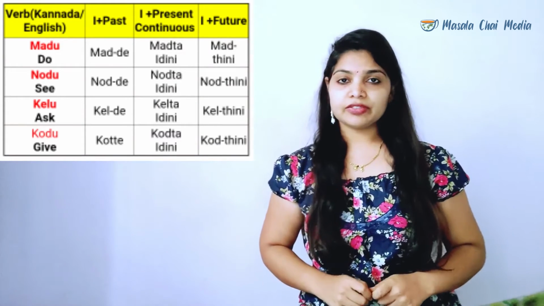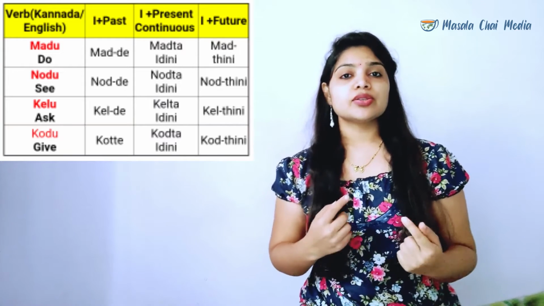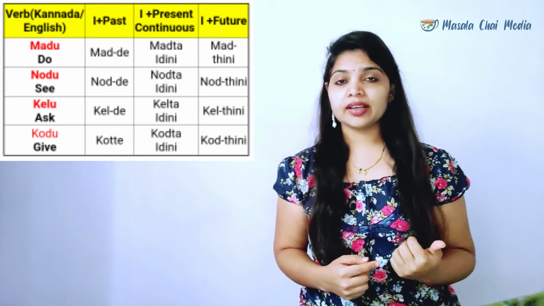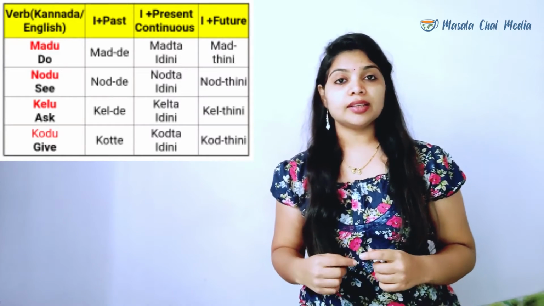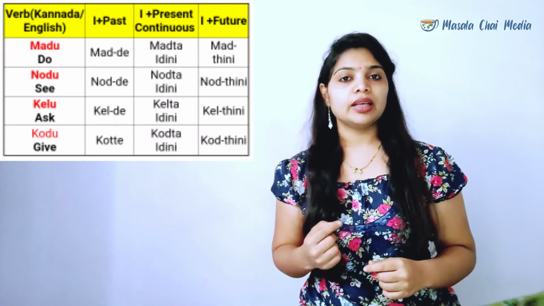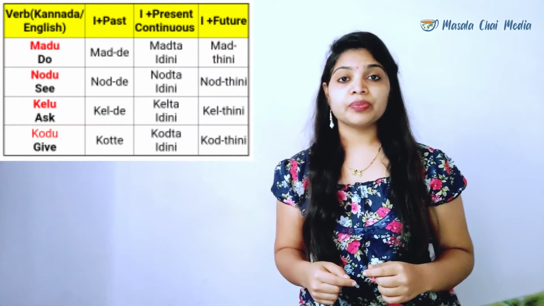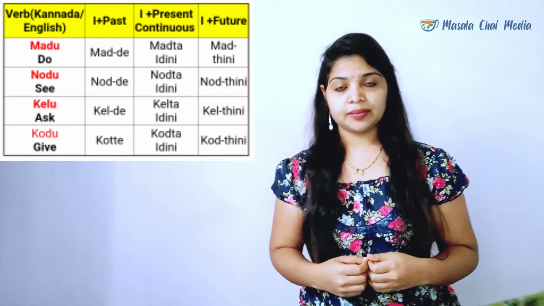Let's see the second verb, nodu. Nodu means see. Nodu becomes nodde, nodta idini, nodtini. Then the third verb, kedu means listen. Kelde, kelta idini, keltini.